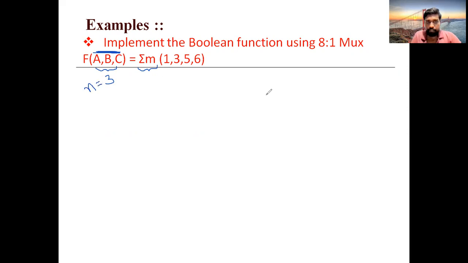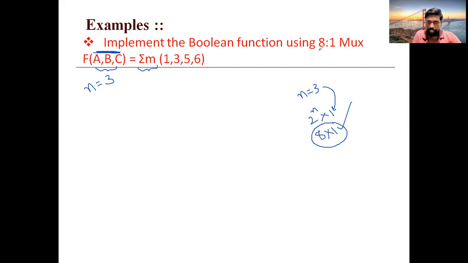Therefore, what is required for us? As n is equal to 3, substitute n equal to 3 in the representation of multiplexer, which is 2 power n into 1. You will get 8 into 1. So please verify your question whether they asked this multiplexer or not.